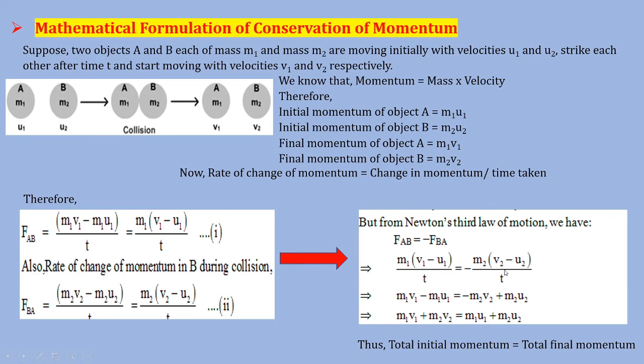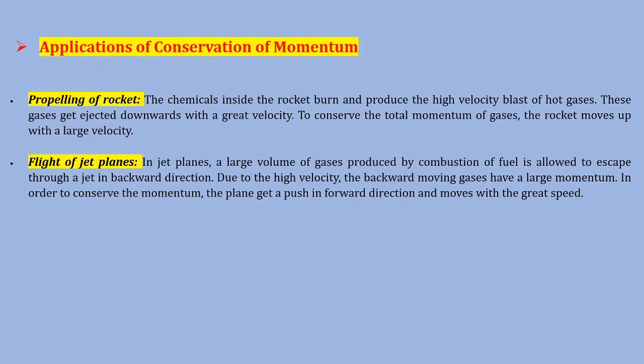So we can write the equation like this, and after solving we get m1v1 plus m2v2 equals m1u1 plus m2u2. That is, the total momentum after collision equals the total momentum of the system before collision. Total initial momentum equals total final momentum. This is the mathematical formulation of conservation of momentum.